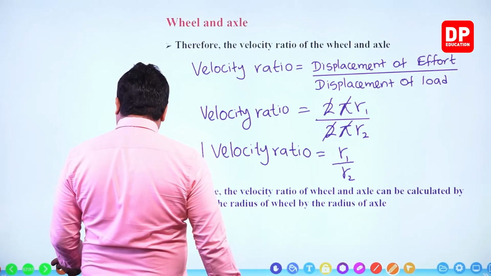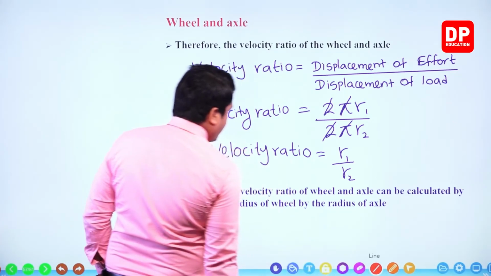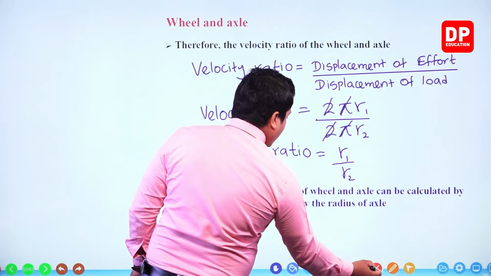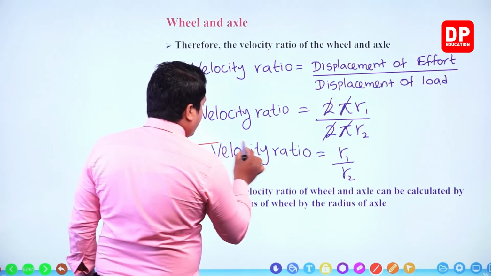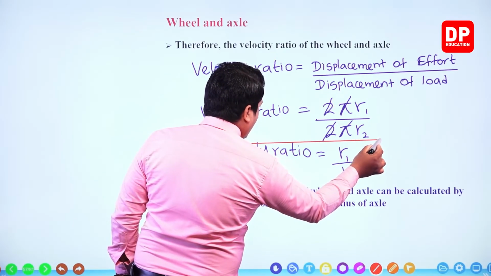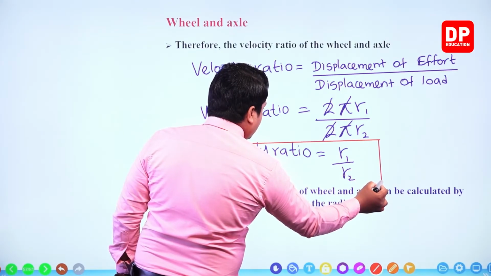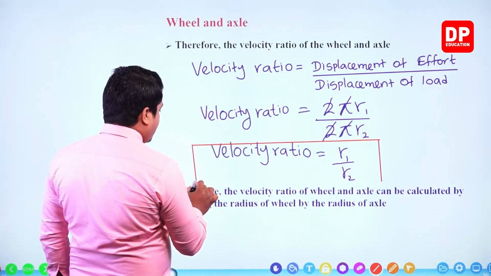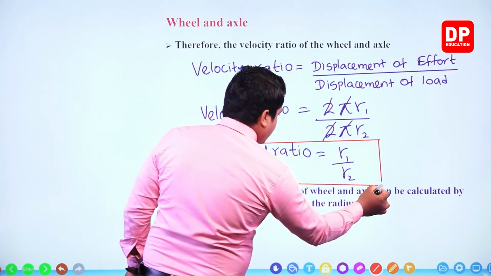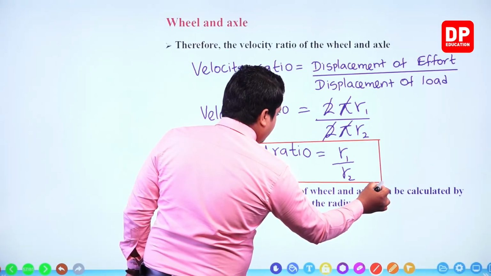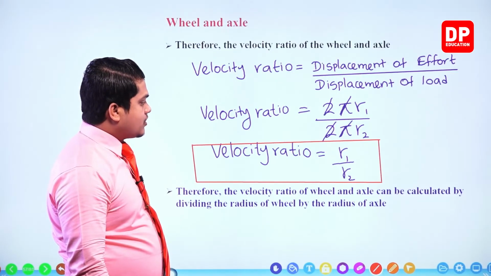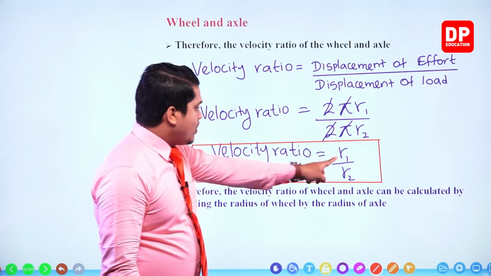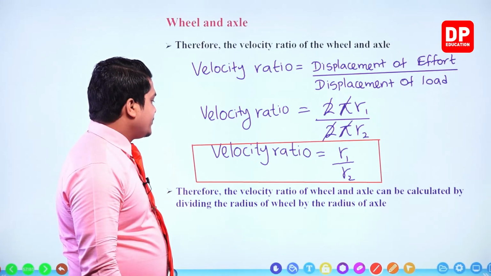What do you mean by that, my dear children? What did we take as R1? What is the item that we took as R1? Right? Let me explain. So velocity ratio is equal to R1 over R2.